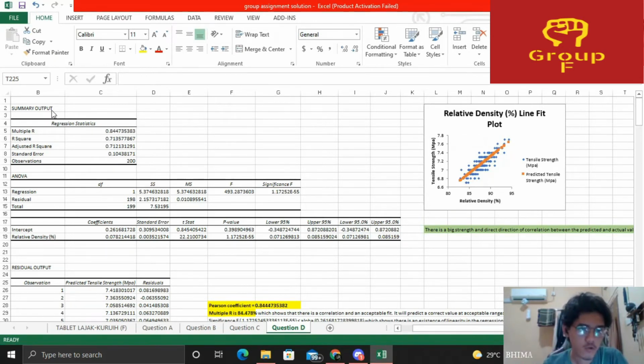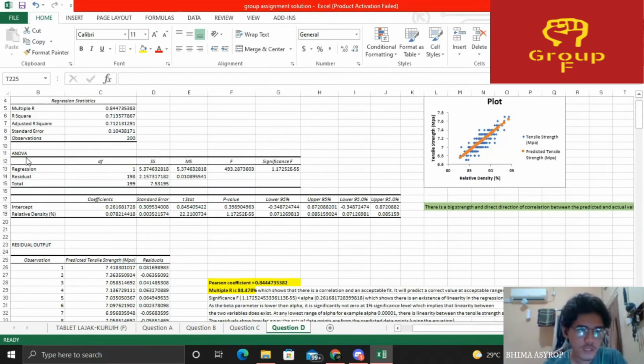First is the summary output. We got the regression statistics, and this is the value. Plus we got observations, it's 100.